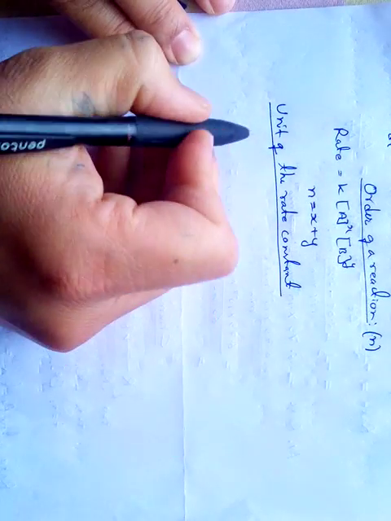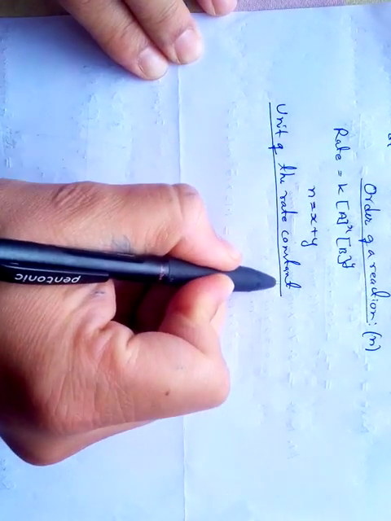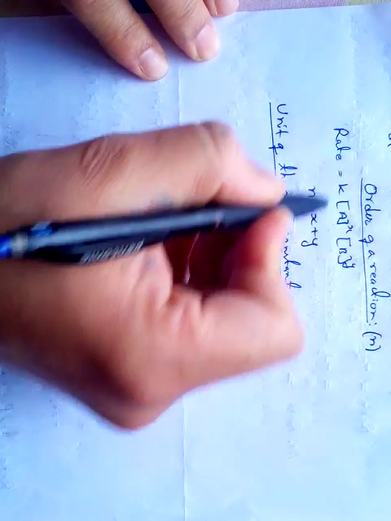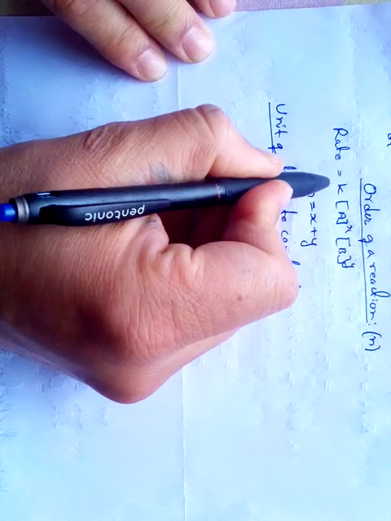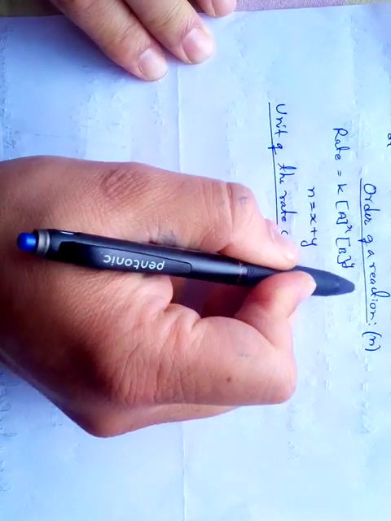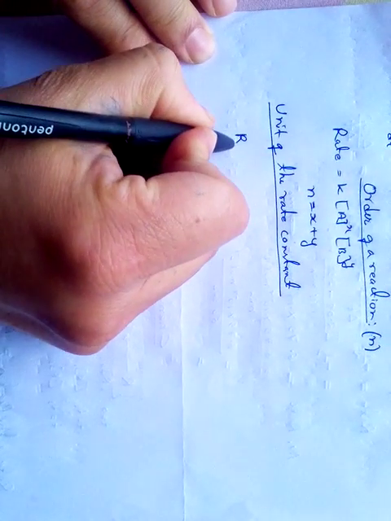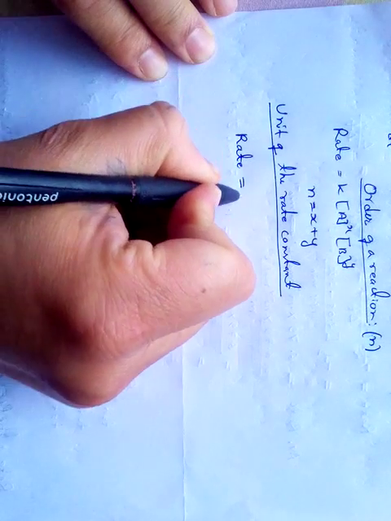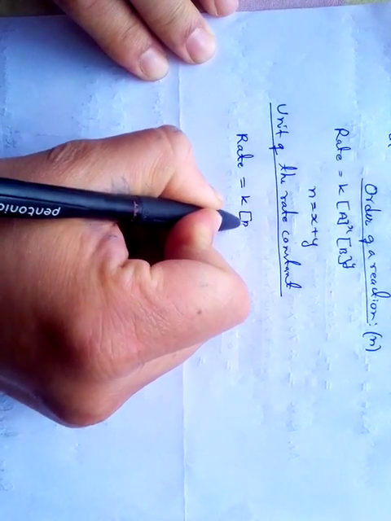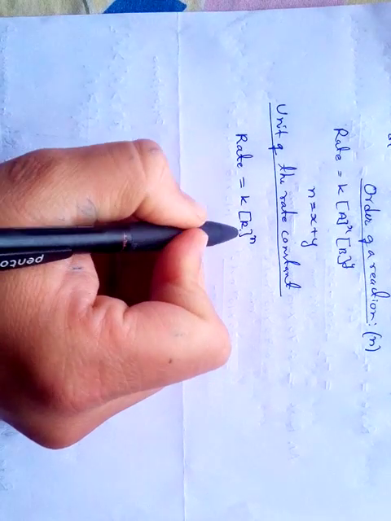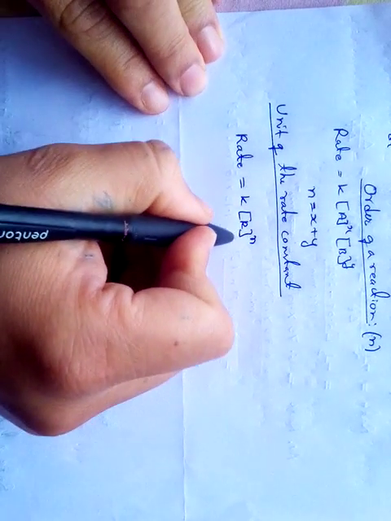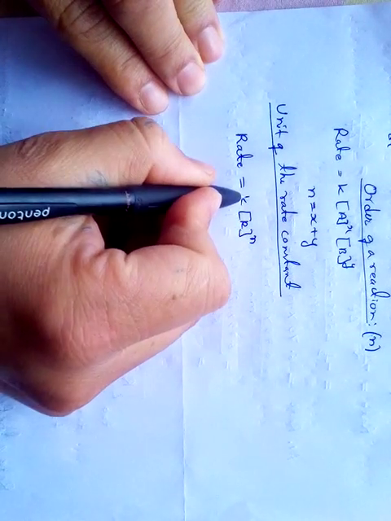Another important term we have to learn is the unit of the rate constant. You have to find the unit of the rate constant because it changes with the order of the reaction. For example, suppose rate equals k times the reactant concentration to the power n, where n is the order of the reaction. What is the unit of the rate constant?